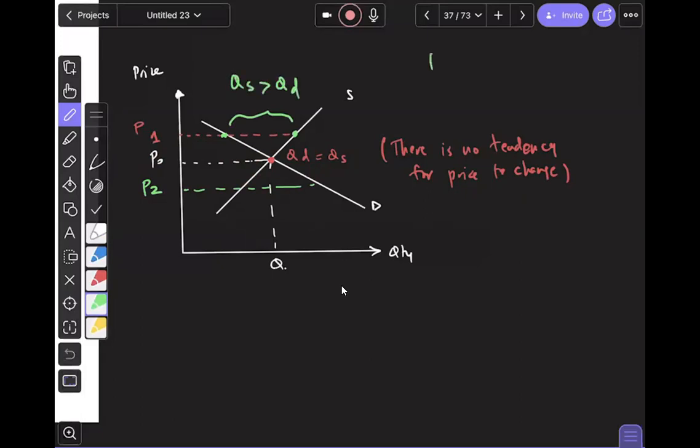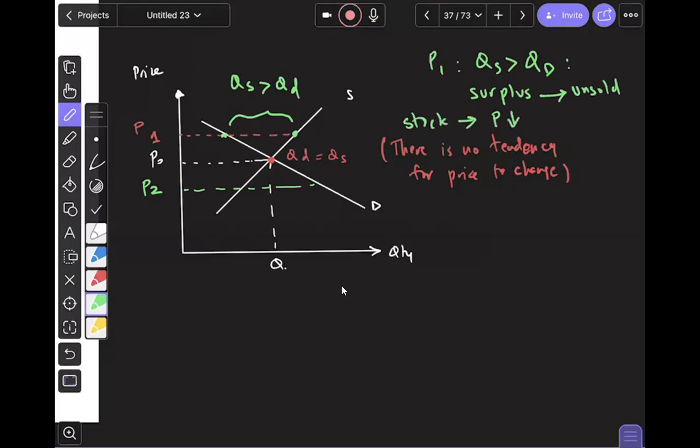So one could say there is a surplus: quantity supplied is more than quantity demanded, and that surplus leads to unsold stock, and therefore a producer may need to lower price.